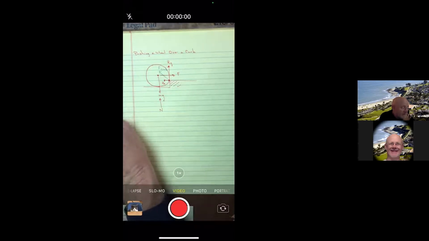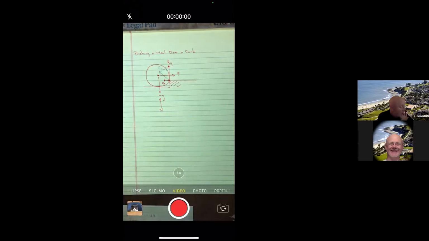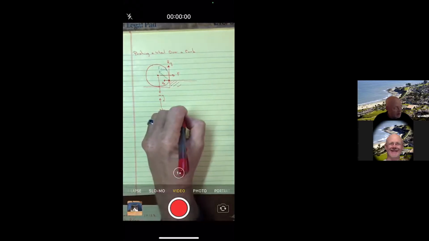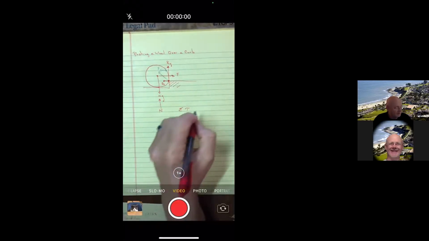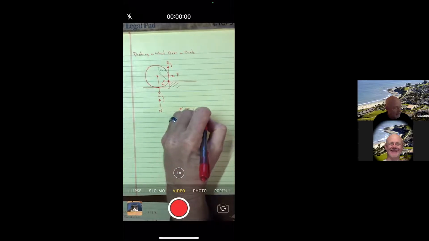Okay. Now, when we go to calculate torques, so sum of the torques equals I alpha.